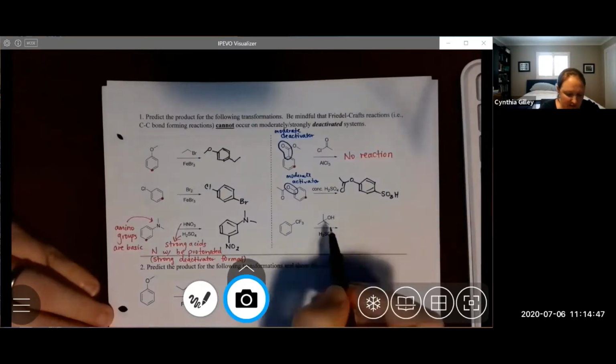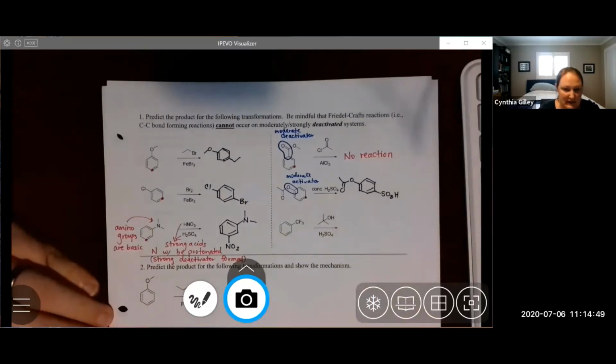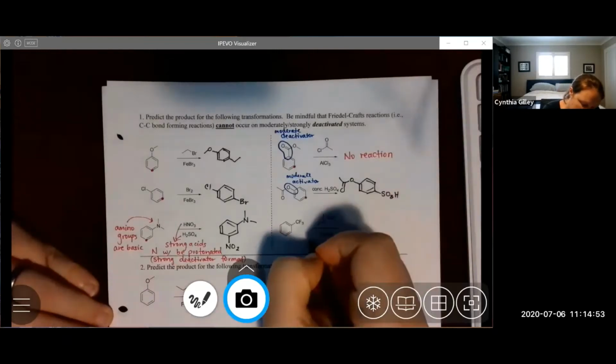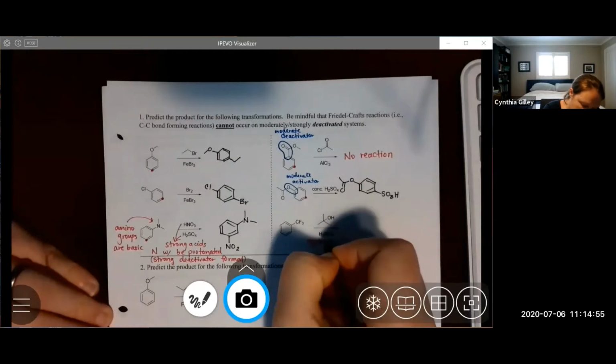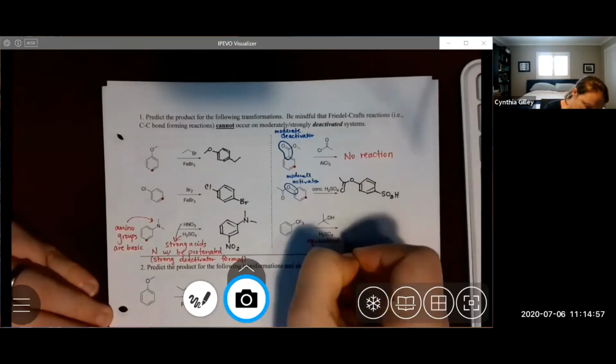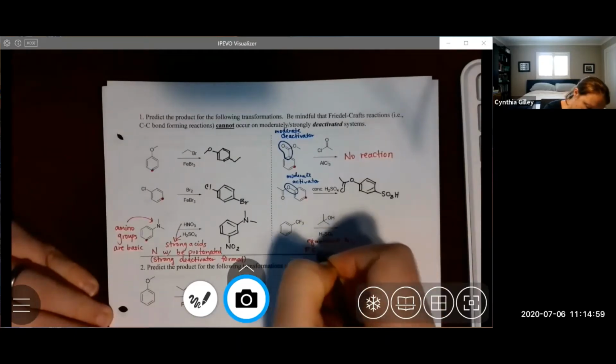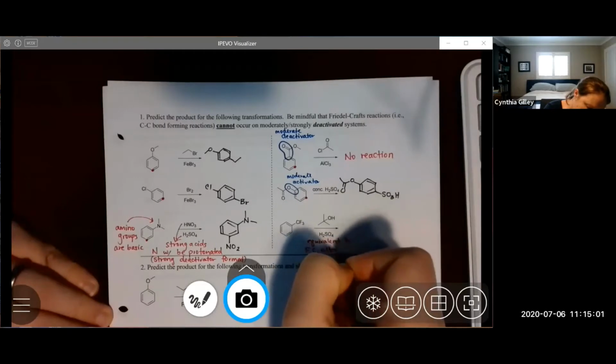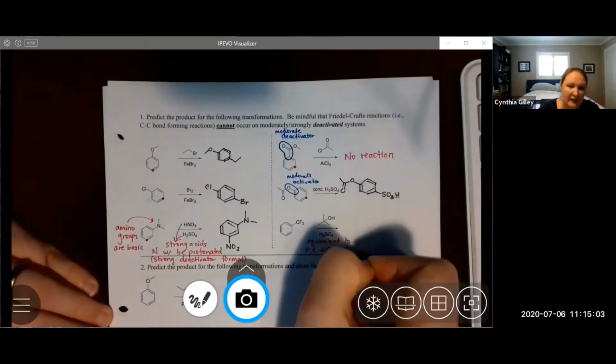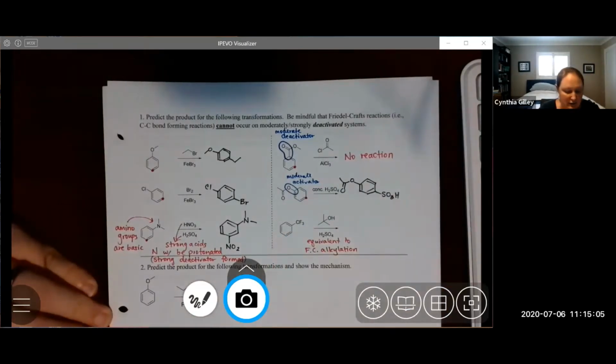These conditions look a little bit strange, but this is basically equivalent to a Friedel-Crafts alkylation. Because in a Friedel-Crafts alkylation, the active electrophile is a carbocation, which is formed from an alkyl halide and a Lewis acid.